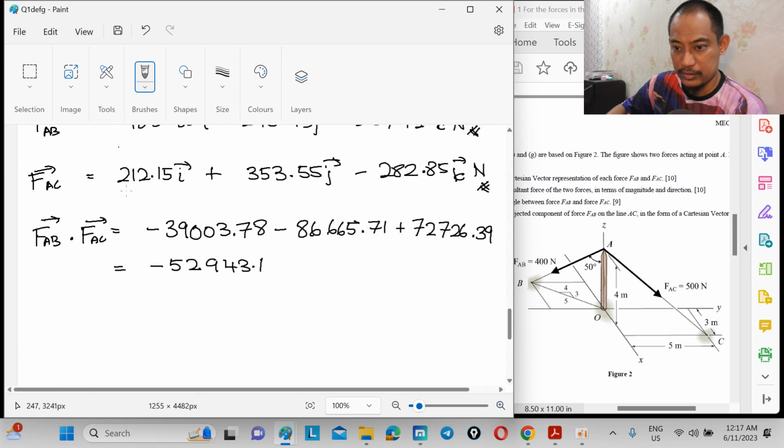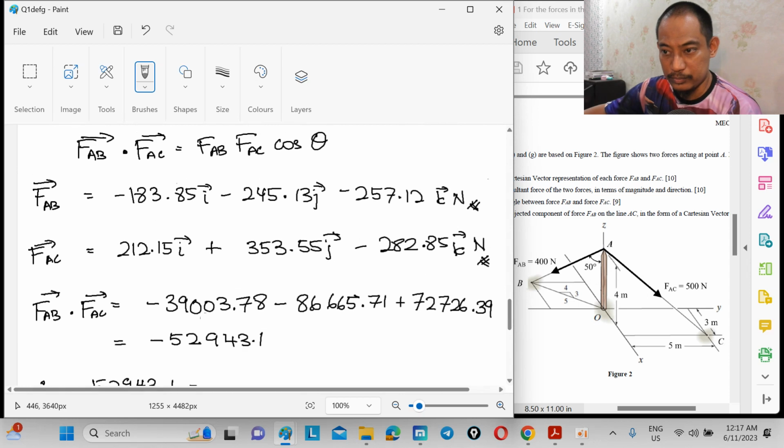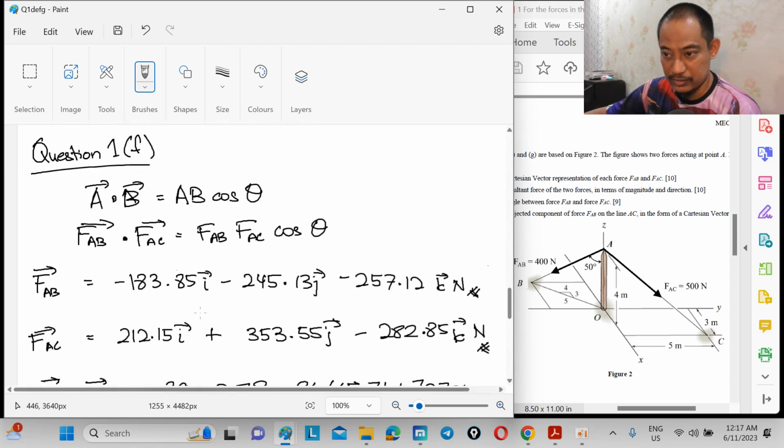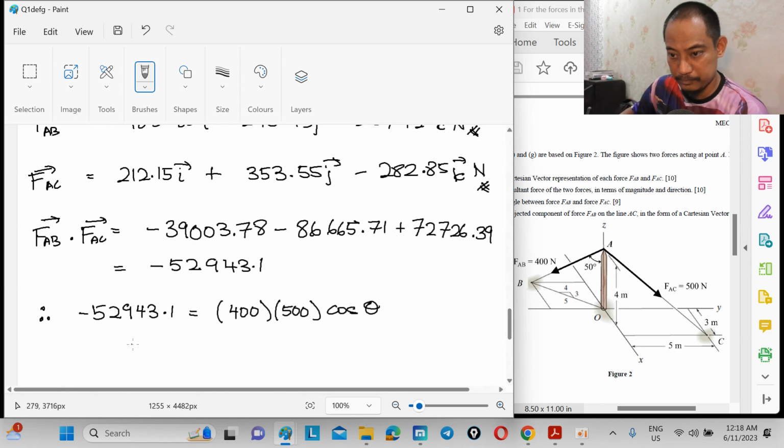So basically, hence you have minus 52943.1 equal to FAB FAC cos theta, right? FAB FAC we know from the question, 400 and 500, times cos theta.